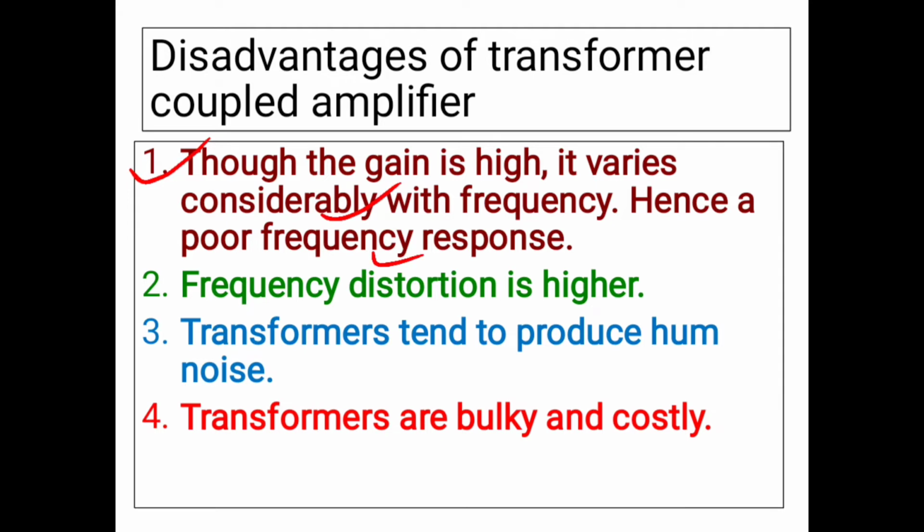Due to its poor frequency response, its frequency response curve varies with the change in frequency. It means we can expect a constant response only up to a very small frequency range. Otherwise, it will change continuously as we change the frequency.